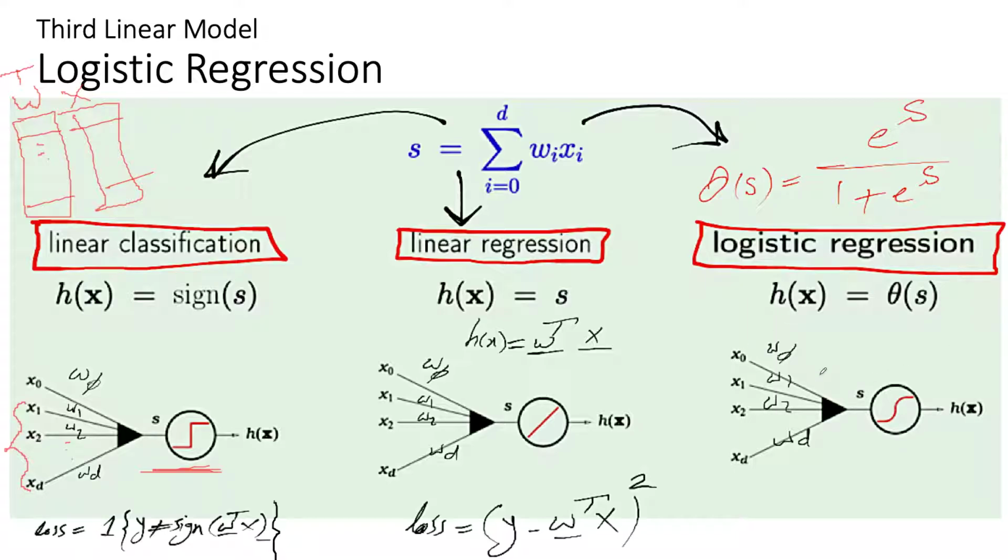We call this sort of output function a sigmoid. The sigmoid function has a lot of unique features. It is defined as theta of S, where S is the signal. It's going to be e to the power of S divided by 1 plus e to the power of S.